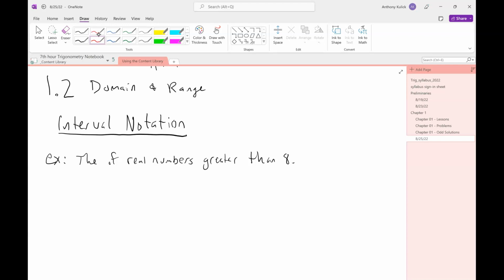There's your rational numbers, anything that can be written as a fraction. There's the real numbers, anything that could be written as a decimal. And then there's the complex numbers. Those are the things that could be written as a plus bi. Remember doing the i's last year?